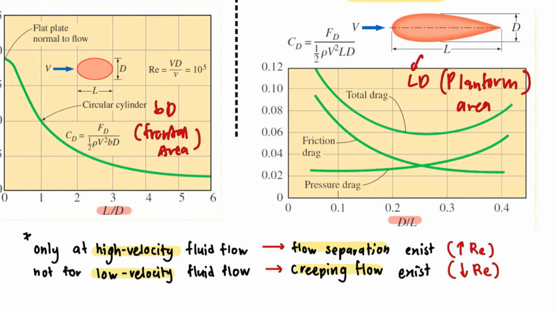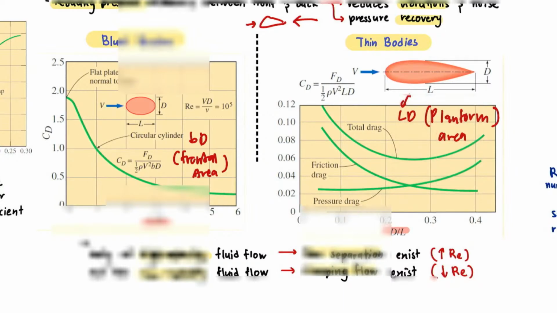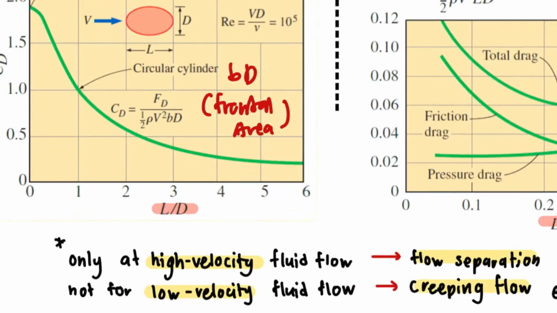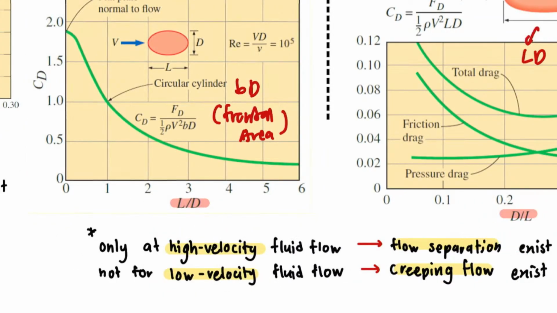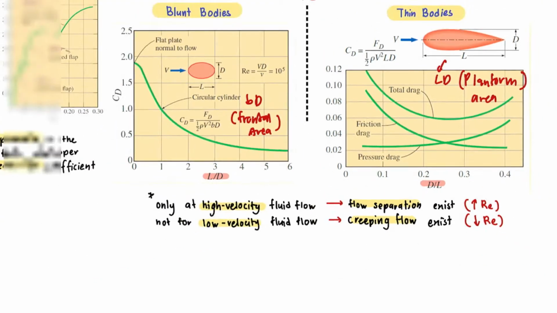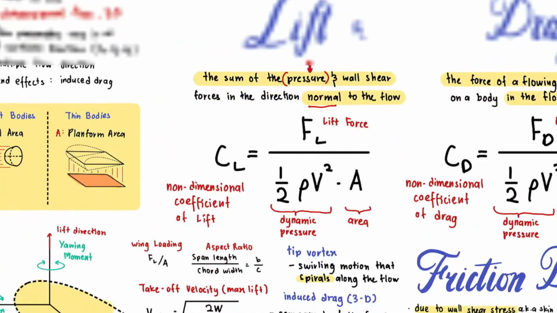So this graph actually is this graph. It's not important lah. It's just make sure that you guys are aware that this is L over D and this is D over L. Macam tu lah. Okay, nothing much there.